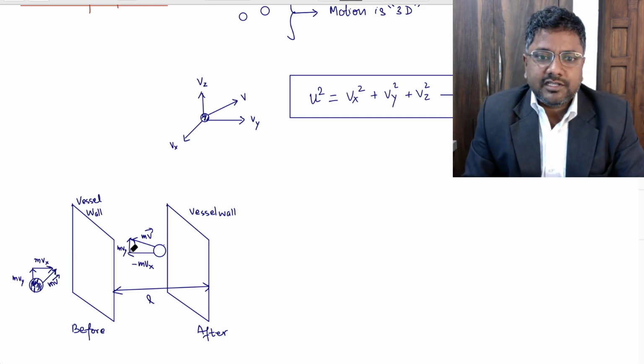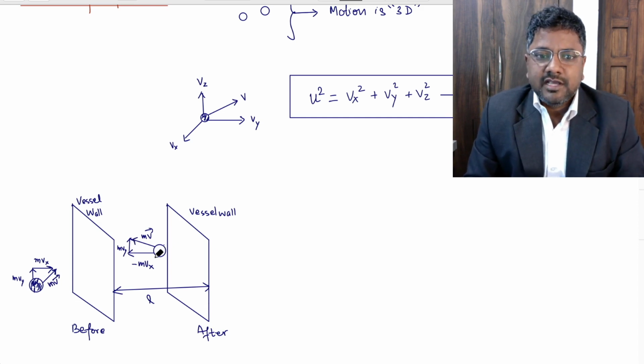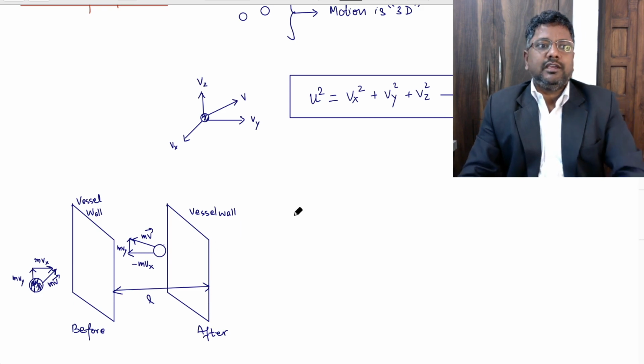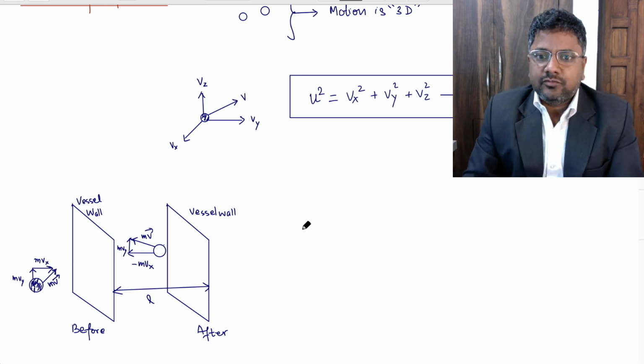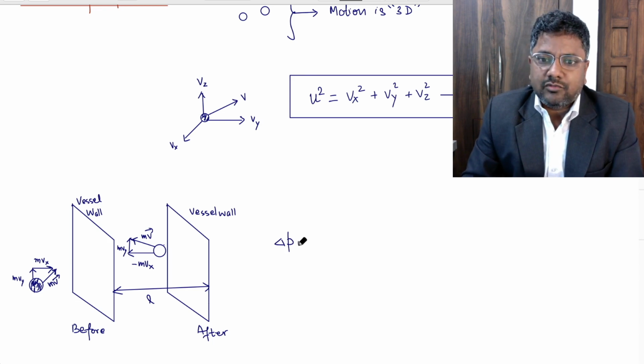After collision, there is no change in the Y component and the Z component, but the X component becomes negative with respect to the vessel wall. So let us find out the change in the momentum, delta P, of this molecule.